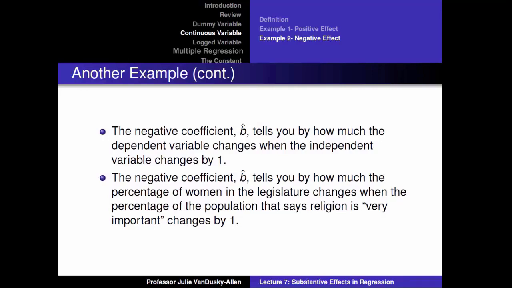The negative coefficient b hat tells you by how much the dependent variable changes when the independent variable changes by 1. In this particular case, b hat tells you by how much the percentage of women in the legislature changes when the percentage of people that say religion is very important changes by 1.